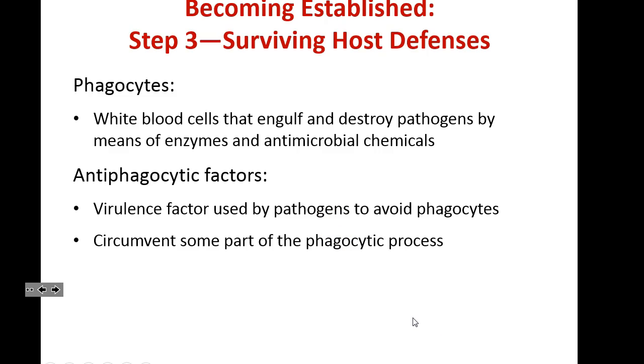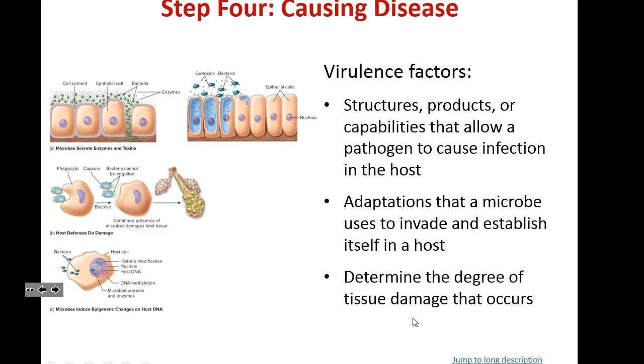Virulence factor. What does virulence mean? What is virulence? Is it the degree of the seriousness of the microbe? Virulence factors are structures, products, or capabilities that allow a pathogen to cause infection in the host.